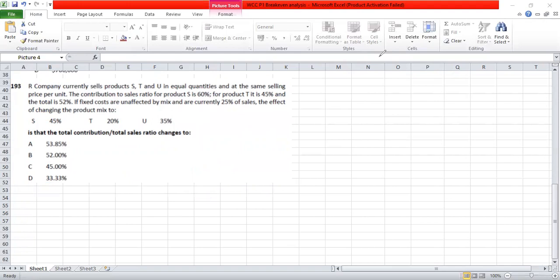The contribution to sales ratio for product S is 60%, for product T it is 45%, and total is 52%. If fixed costs are unaffected by mix and are currently 25% of sales, the effect of changing the product mix is that the total contribution by total sales ratio changes to.